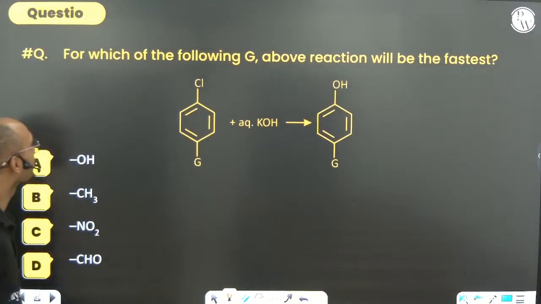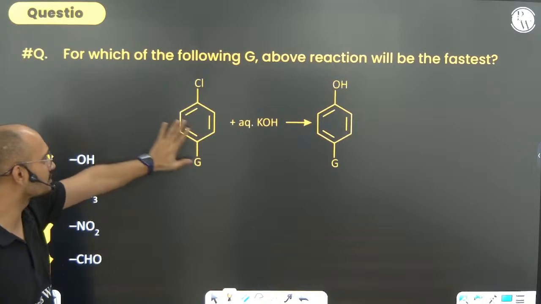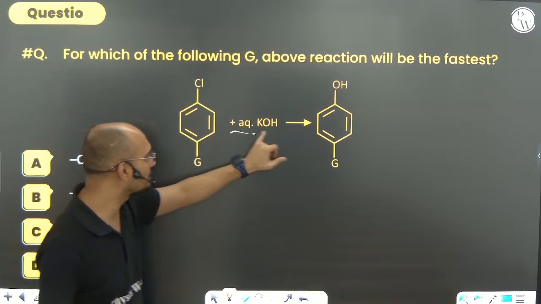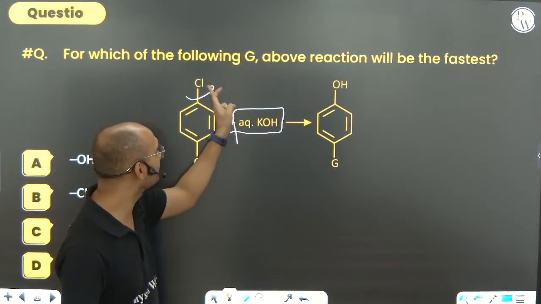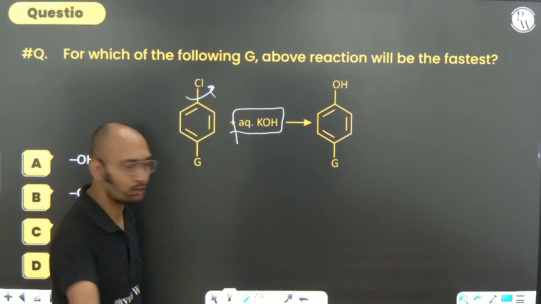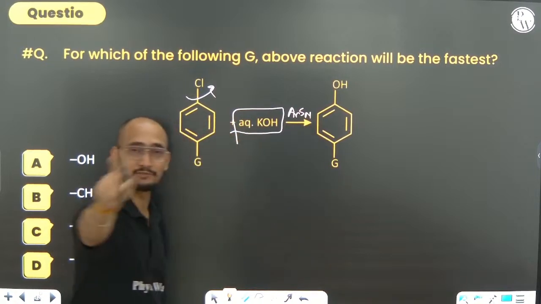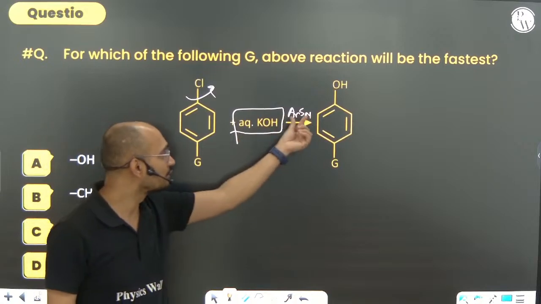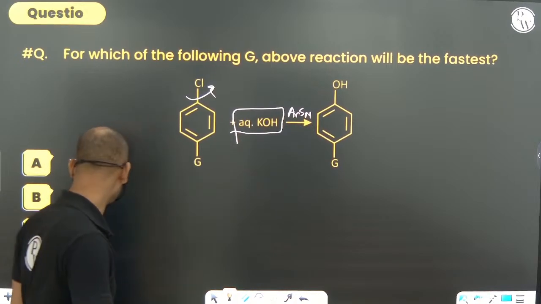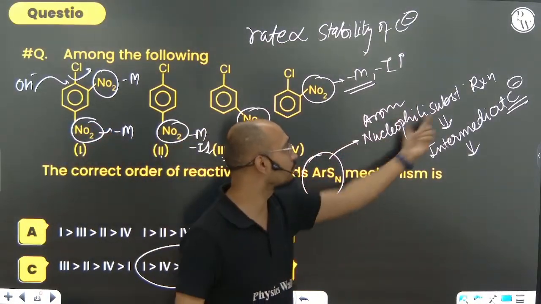Let's move ahead. For which of the following will the above reaction be fastest? Here there is aqueous KOH, and Cl is being replaced by OH. So it is ArSN, aromatic nucleophilic substitution, not electrophilic substitution.